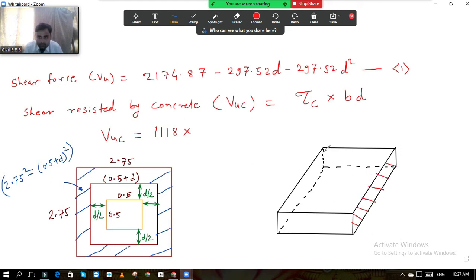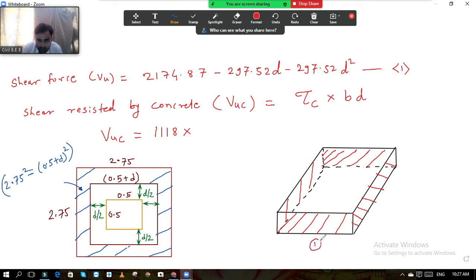This is the area of the footing which comes into contact, that I am hatching over here. This much of area will come into contact.